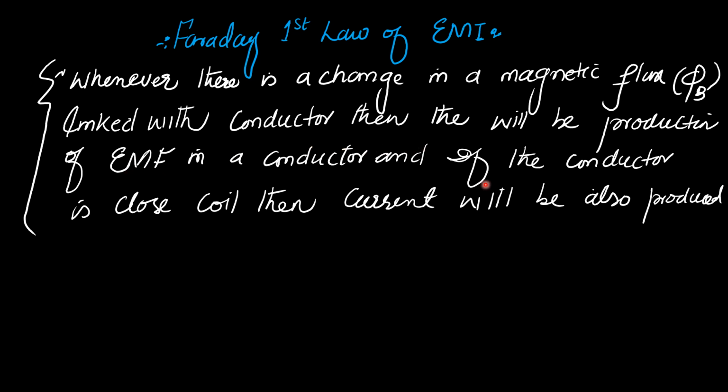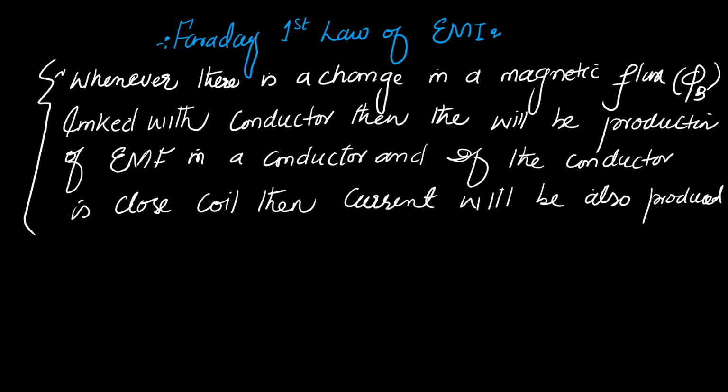However, in order to get a current in a conductor, it is very important that we have a conductor which is in the form of a closed loop, or a closed circuit. In case the conductor is an open circuit, then there will be no flow of current in the conductor. However, there will be a generation of an electromotive force.